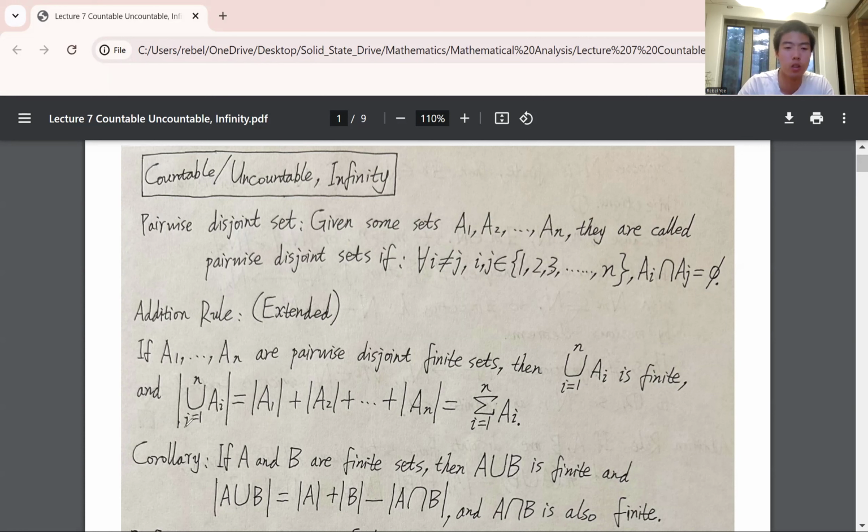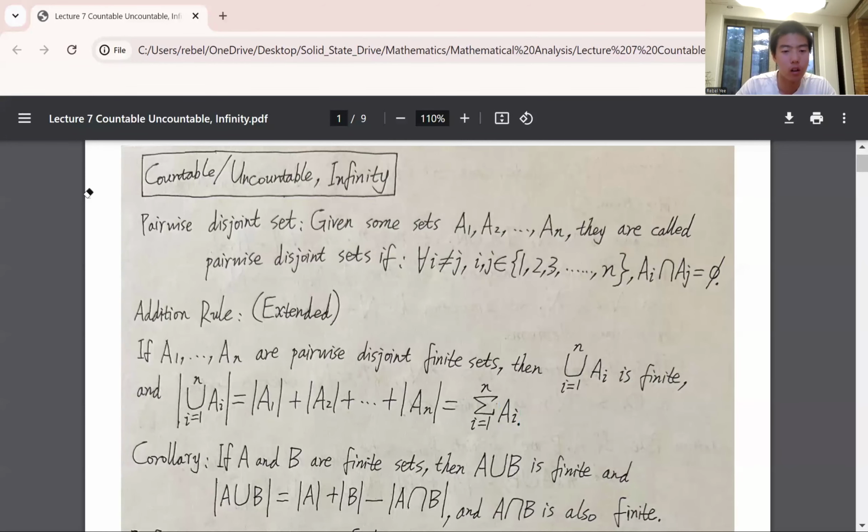I may have forgotten to put the cardinality notation here, but it's fine. The union of finite sets that are pairwise disjoint has a cardinality equal to the sum of each of their cardinalities.